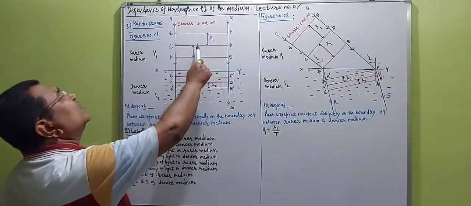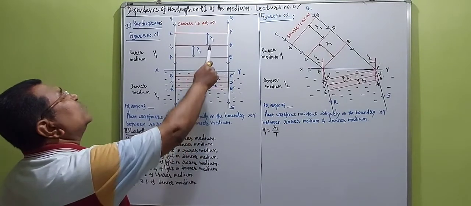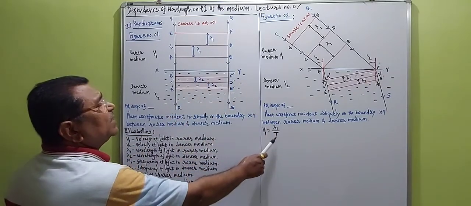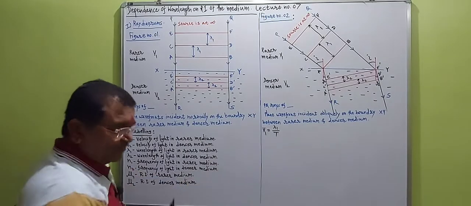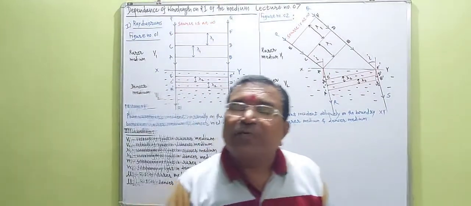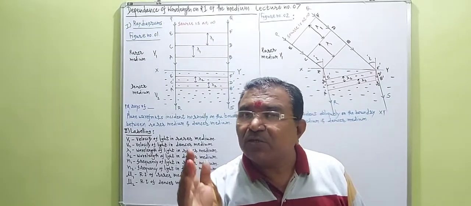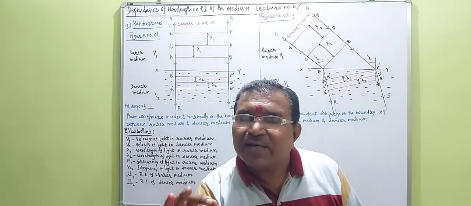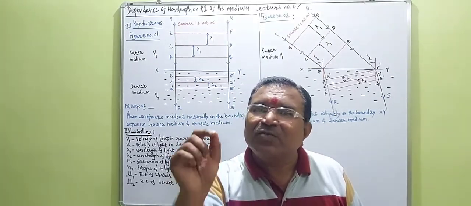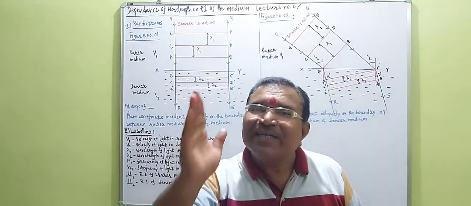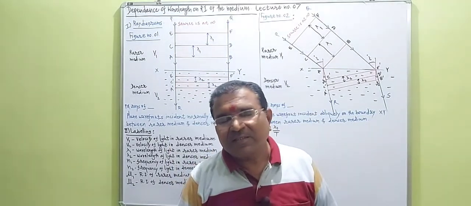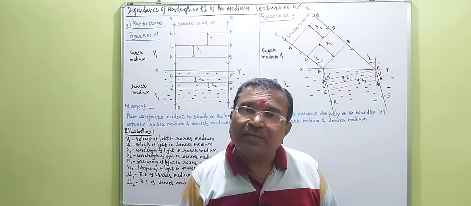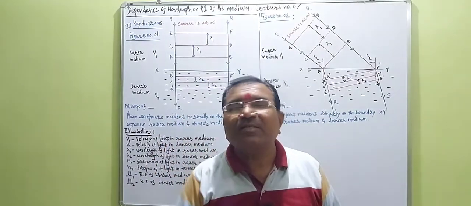The plane wavefront moves from this point to this point, in a particular time capital T. When the wave covers a distance equal to lambda, the time required to cover that distance is capital T, which is nothing but the periodic time.